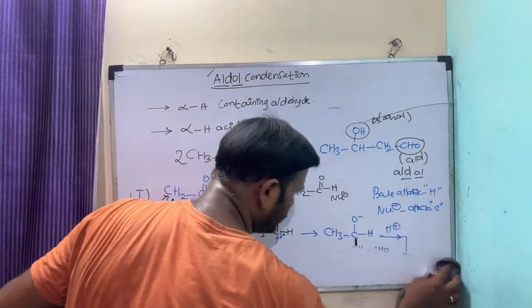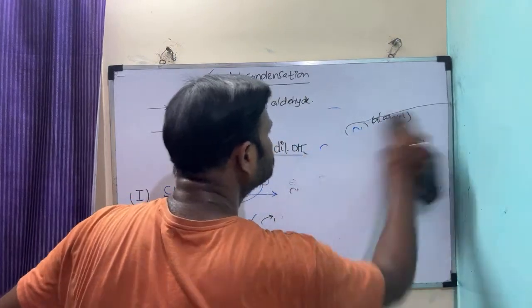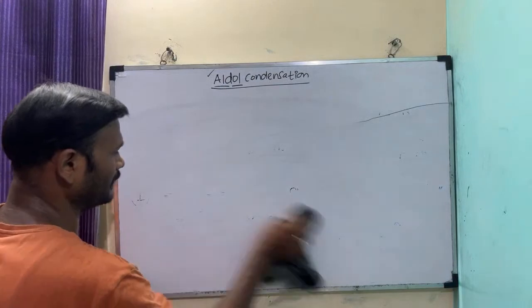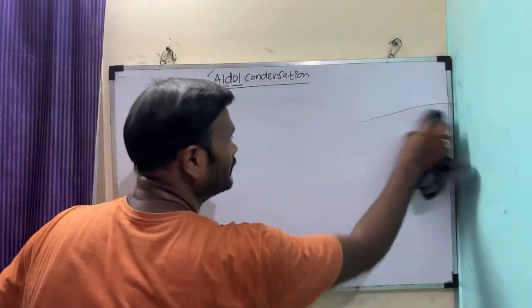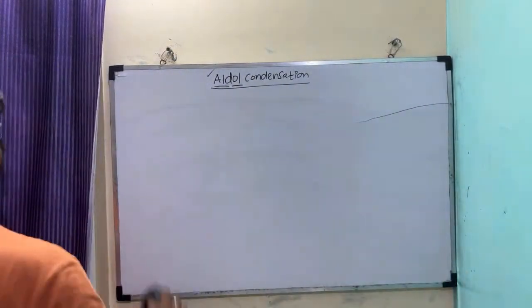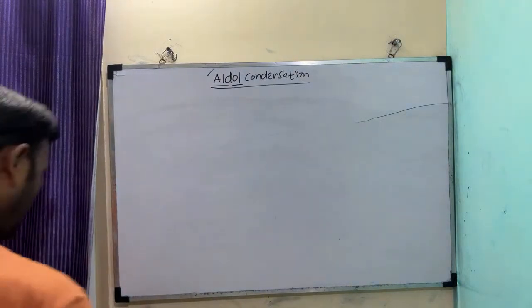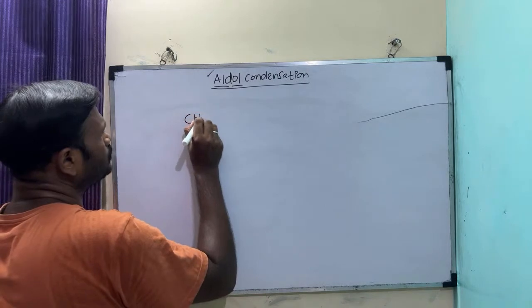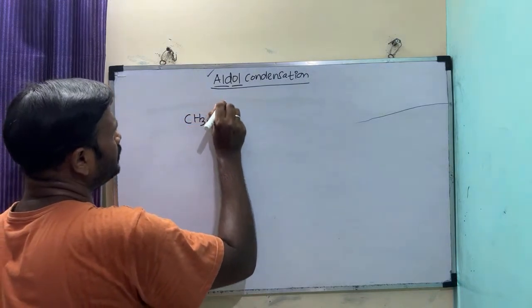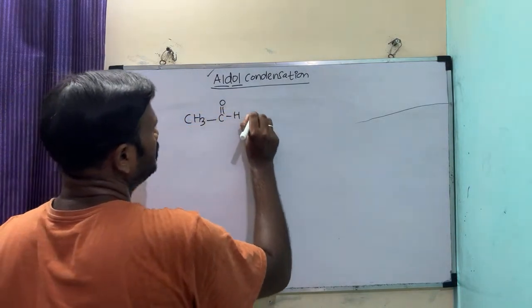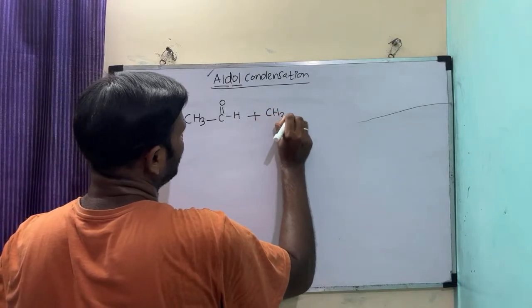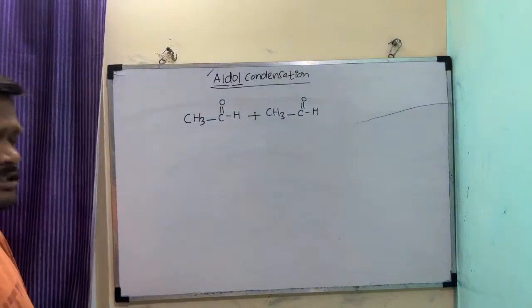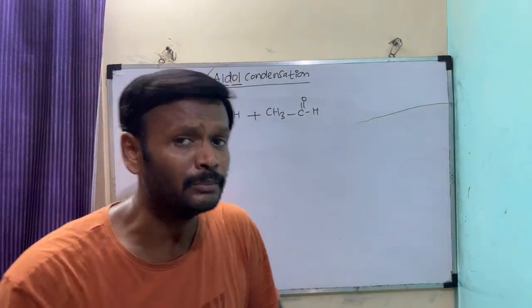So let's check how we can find the product. It's a simple trick. Just by looking at the reactant, we can find out the products. Say for example, I'm taking 2 molecules, CH3CHO and another molecule, which is also CH3CHO. Just look at this very simple trick.